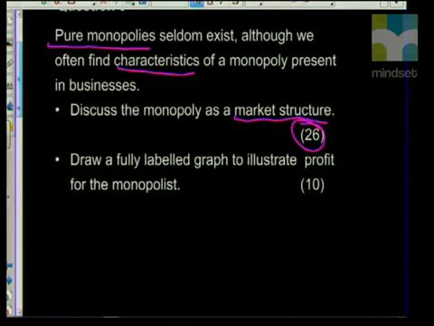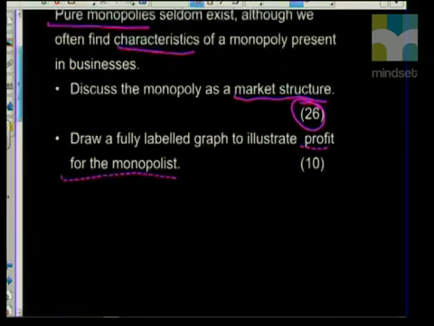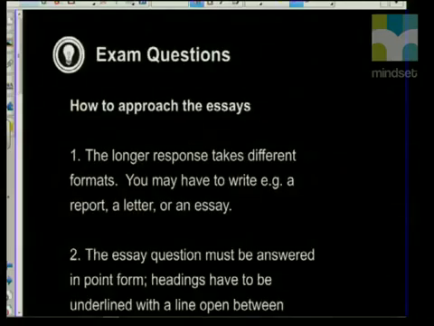And then the second part, which would be known as the additional part of the essay, you have to draw a graph explaining profit of the monopolist, and that would be worth 10 marks. So profit for the monopolist. Let's move on to the solution for this question.